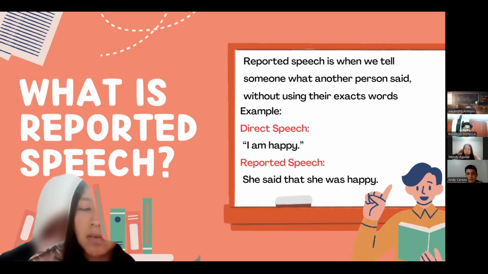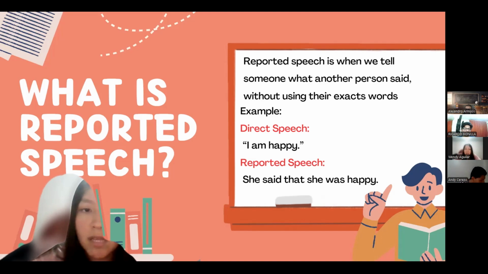Usually, when we change from direct speech to reported speech, some grammar changes happen. These changes can include pronouns, verbs, tenses, and sometimes expressions of time.